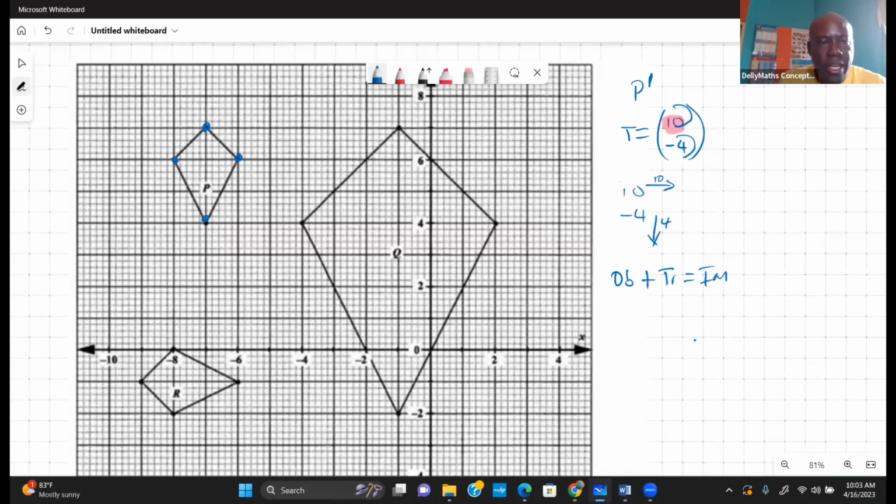Let's go. Moving this point here, follow my lead. 1, 2, 3, 4, 5, 6, 7, 8, 9, 10 to the right. Then complete it by going 4 down: 1, 2, 3, 4. It ends up right here.